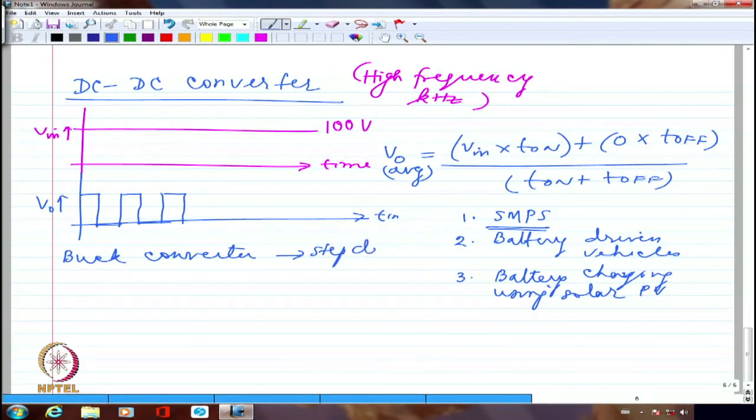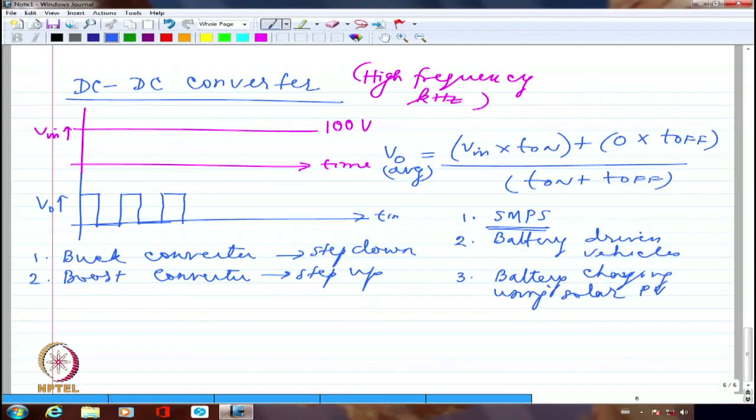The second type of converter which we will be studying is the boost converter, which is a step up converter, which will do step up operation. Here normally we will have an inductor inside which we will try to store some energy, then release it whenever it is required.